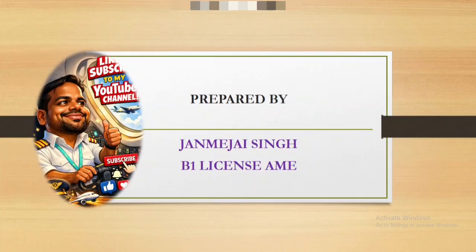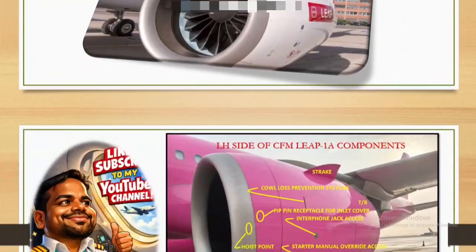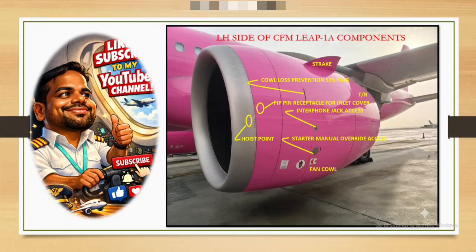So let's start with the CFM LEAP engine component location of the Airbus 320 family. Generally, if you talk about the left side of the engine, this is the left side of the engine. Initially, on the external surface, this is the cowl loss prevention system flag.